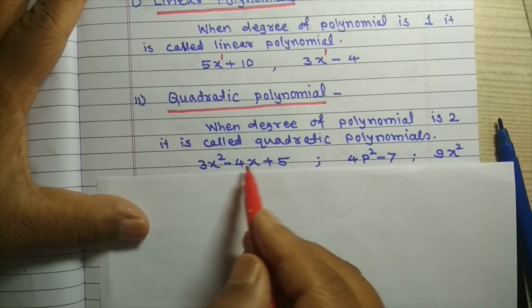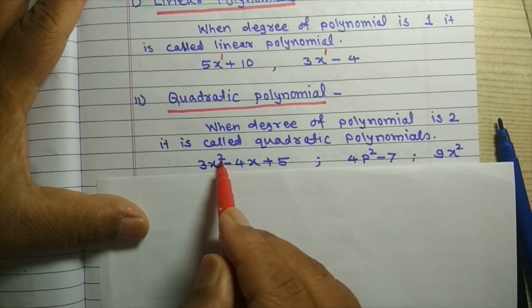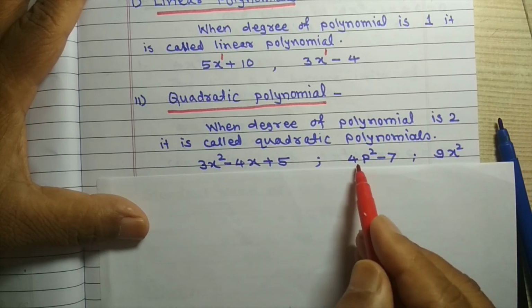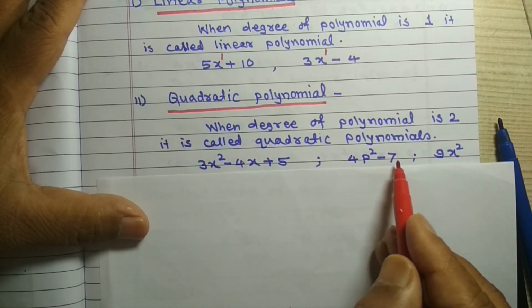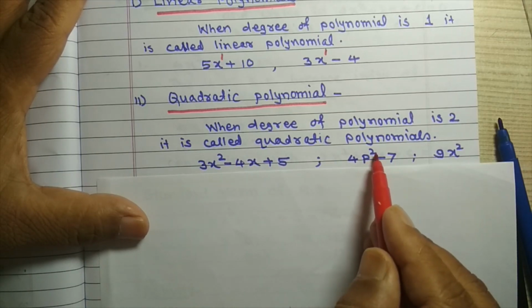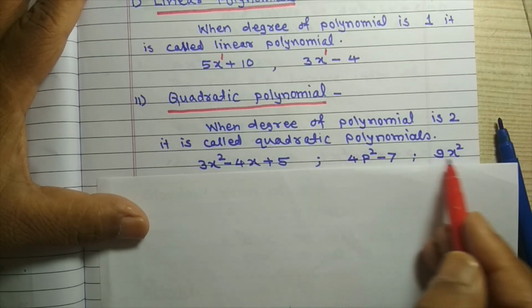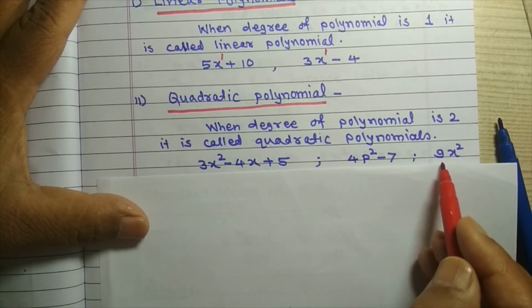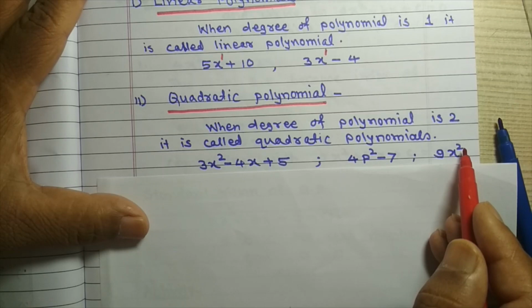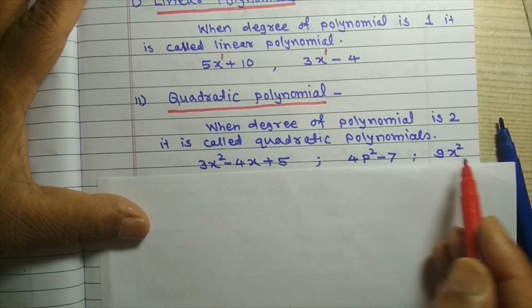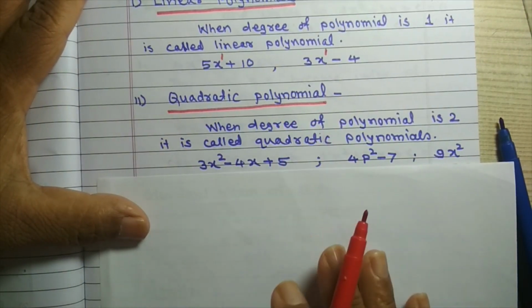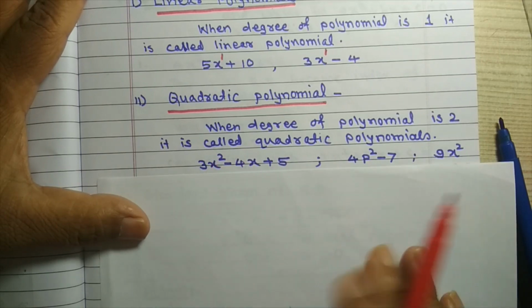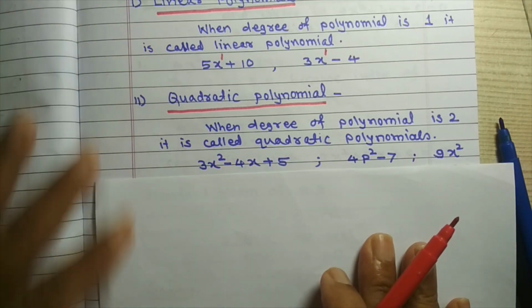In this case, the maximum index will be 2 here. Secondly, 4p square minus 7, maximum index will be 2. 9x square, maximum index will be 2 here. These are the quadratic polynomials because the maximum index will be 2 here.